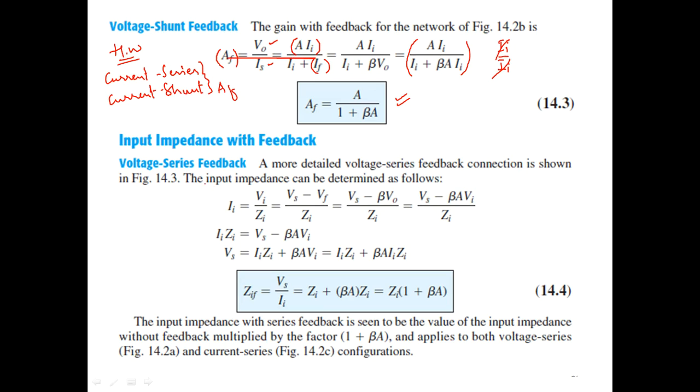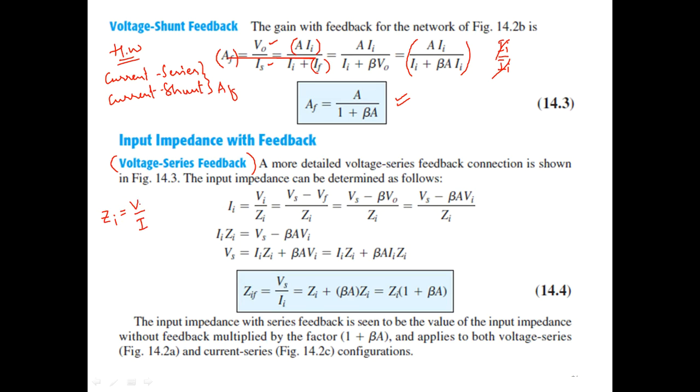All right, so moving forward, let us go through the expressions for input impedance and the output impedance of voltage series feedback. So how can we express? See, whenever we say the input impedance Zi, it is always ratio of voltage upon current.